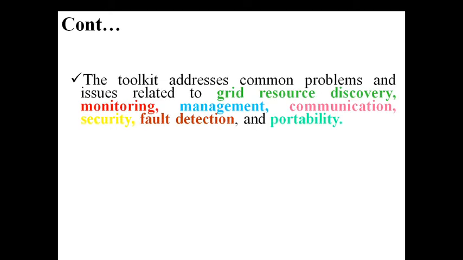So these are some of the issues we can resolve by using Globus toolkit version 4 when you are going to use global grid connectivity in terms of cloud computing. What are the solutions for our problems?